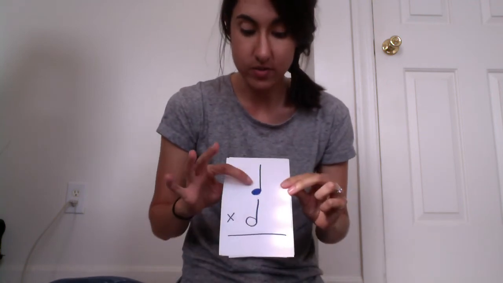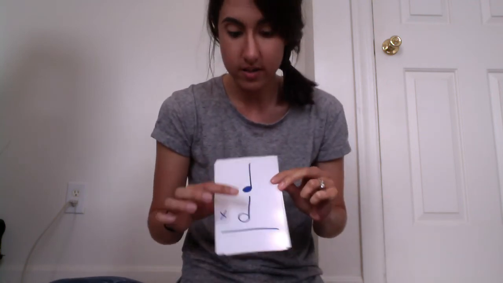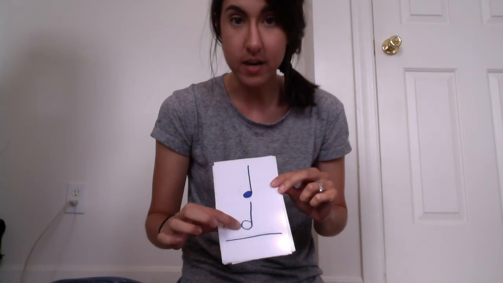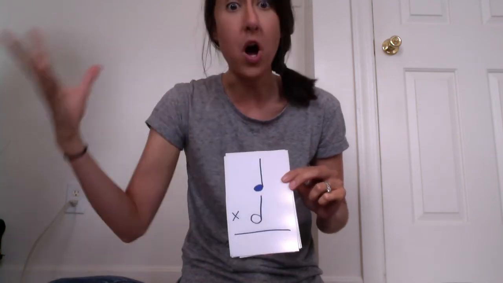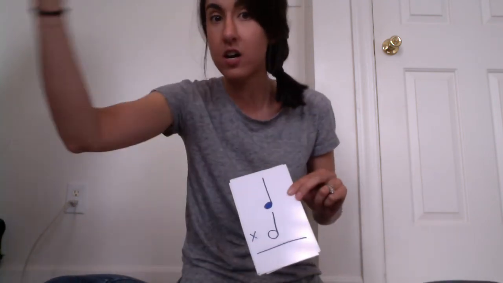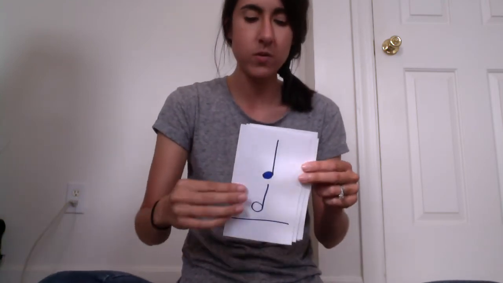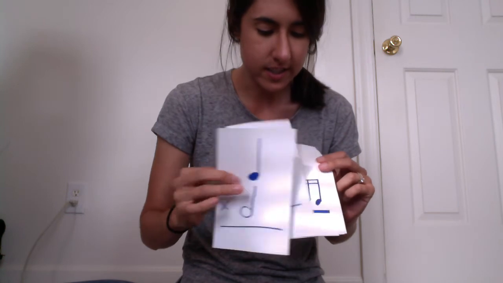I'm going through one more time for each one, and instead of counting the beats, you're going to count the sounds that each note gets. So you'll have 1, a half note gets how many sounds? 1. It's 1 sound, ta. It's a long sound, but it's just 1 sound. So 1, 1, let's see.